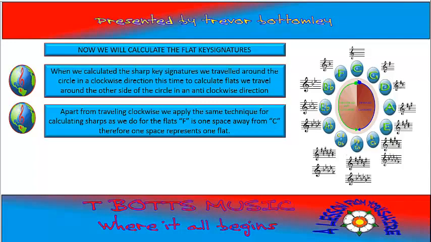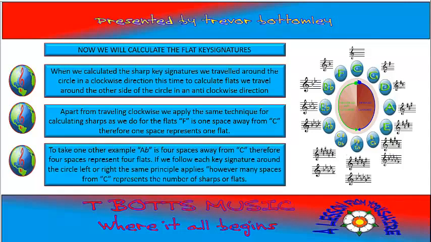F is 1 space away from C, therefore 1 space represents 1 flat. To take another example, A flat is 4 spaces away from C, therefore 4 spaces represents 4 flats. If we follow each key signature around the circle, left or right, the same principle applies. However many spaces from C represents the number of sharps or flats.